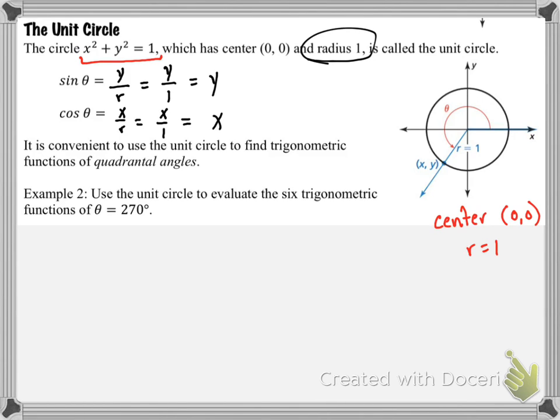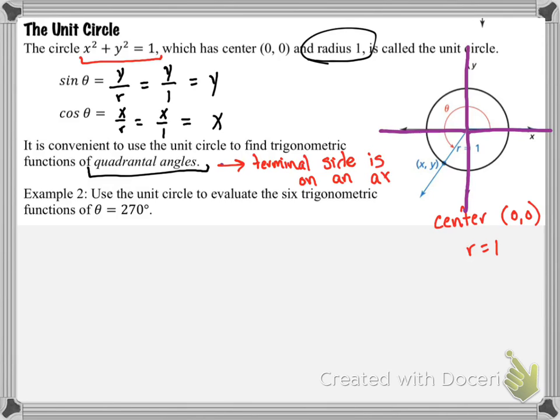And we like this one a lot when dealing with what we call the quadrantal angles. Okay, that's a big fancy word for basically any of the angles that end up on one of the axes. A quadrantal angle has a terminal side that is on an axis.